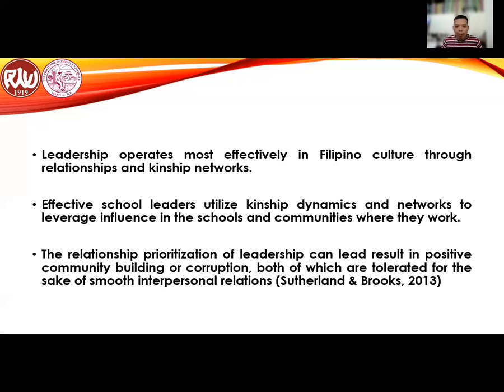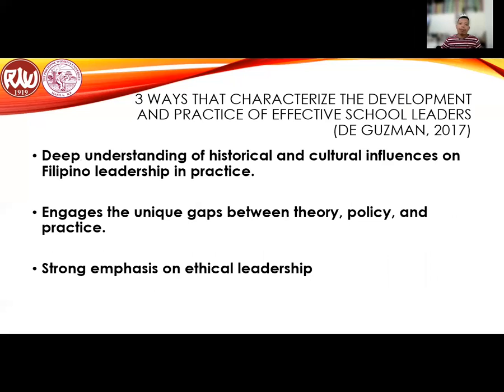The relationship prioritization of leadership can result in positive community building or corruption, both of which are tolerated for the sake of smooth interpersonal relations.